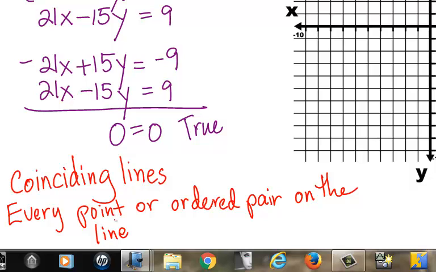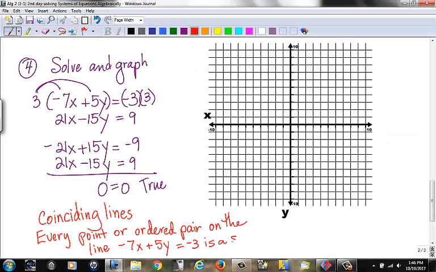Doesn't matter which one because they're the same. I'm going to pick the smaller one. Negative 7x plus 5y equals negative 3 is a solution. You cannot get the answer without writing that sentence down. Okay, it's every point. So now you only have to graph one line.